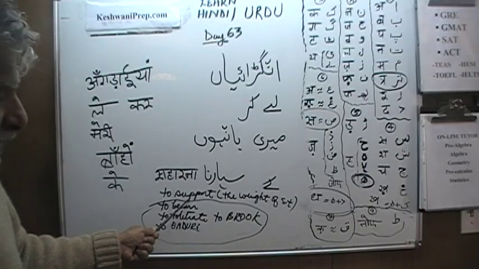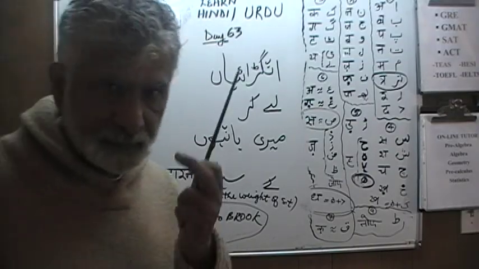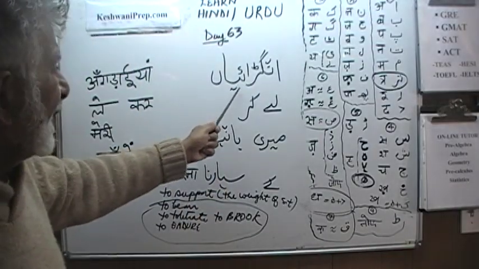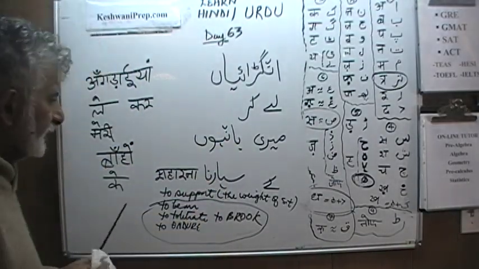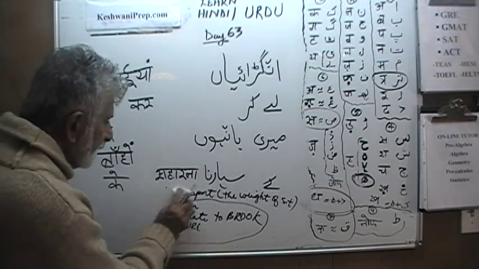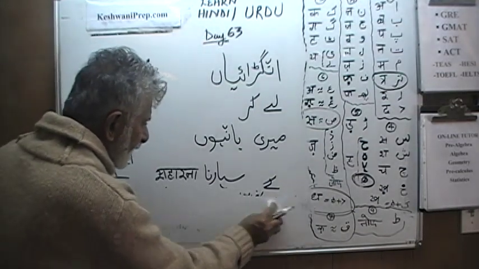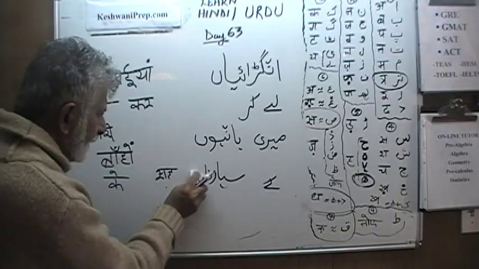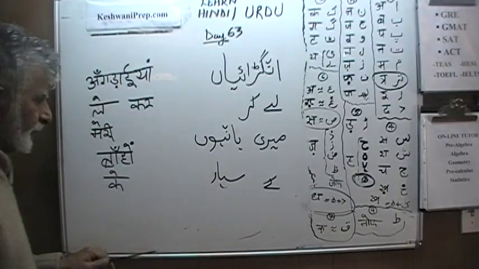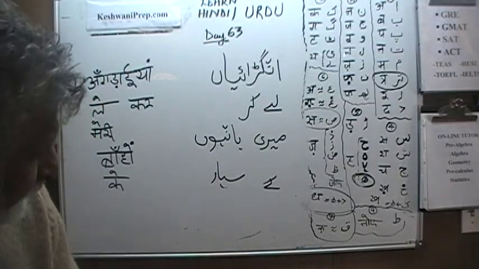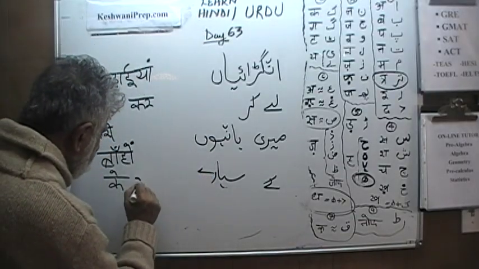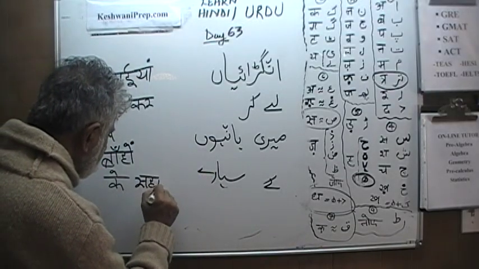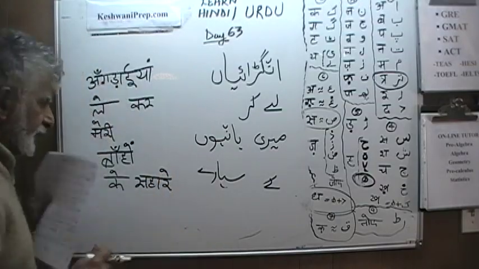It's this meaning that we're looking for, which means to support the weight of something. So what it says is that अंगड़ाइयाँ लेकर मेरी बाहों के सहारे. We don't need सहारना, we need सहारे. Sahare means support.